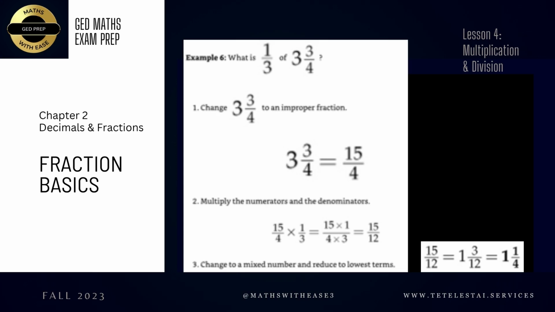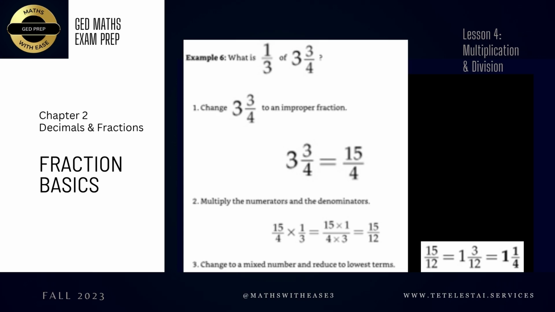You start by changing 3 3/4 to an improper fraction, by multiplying the denominator by the whole number, so 4 times 3, and then adding the numerator. 4 times 3 is 12, plus 3 is 15, and now we have our improper or top-heavy fraction, and we can multiply 1/3 by 15/4.